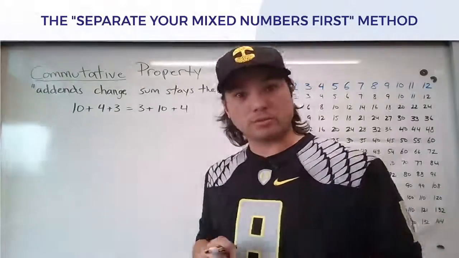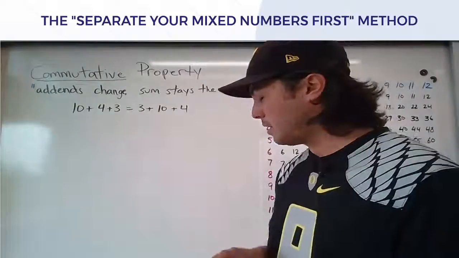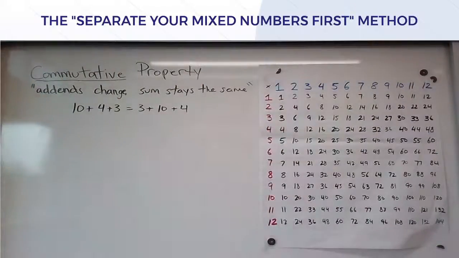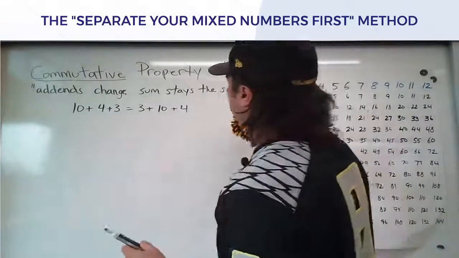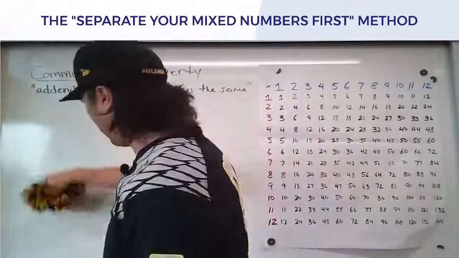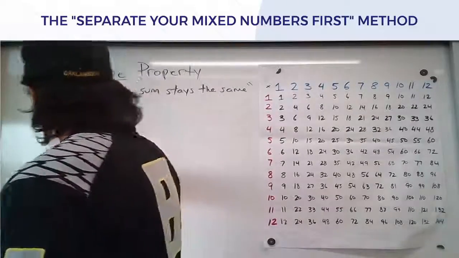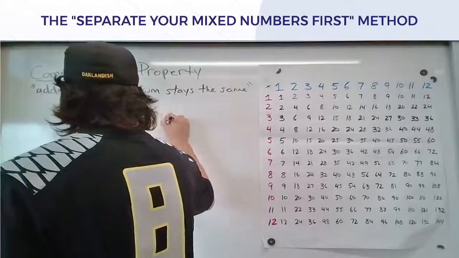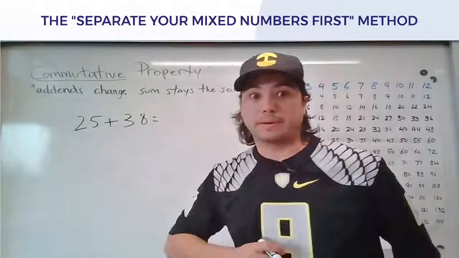This is also true with fractions and mixed numbers. So let's look at a whole number example first. Where'd my eraser go? There you are. So in terms of a whole number example, if we had something like 25 plus 38 equals something, okay?